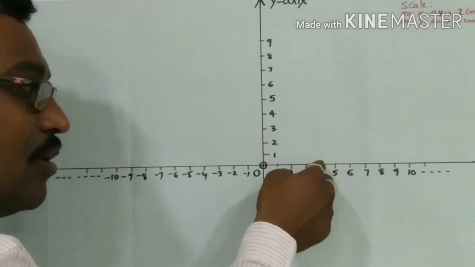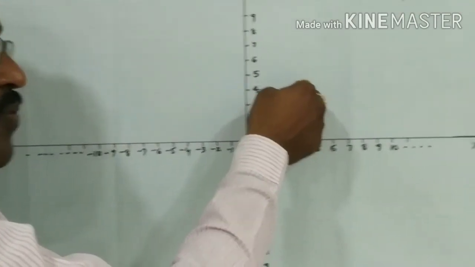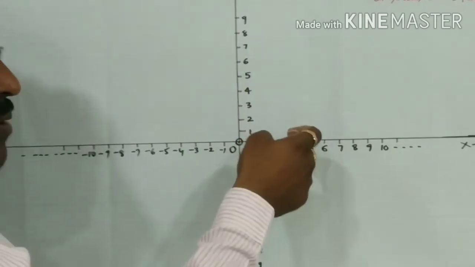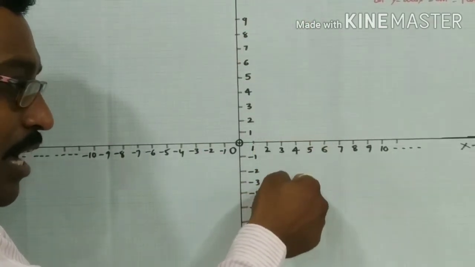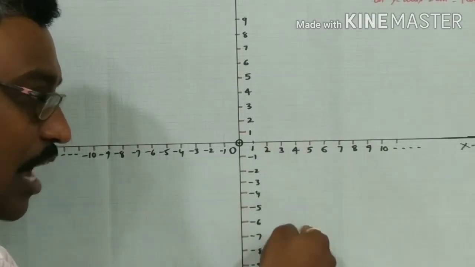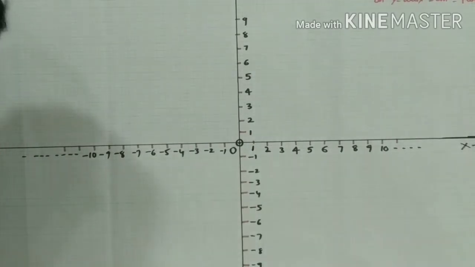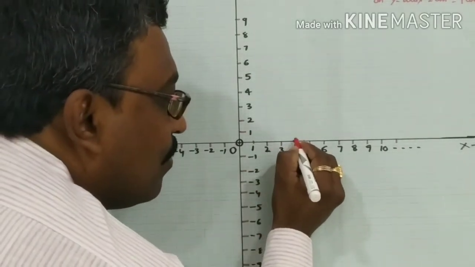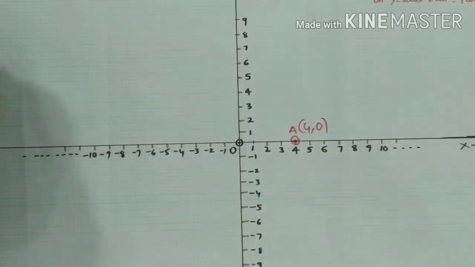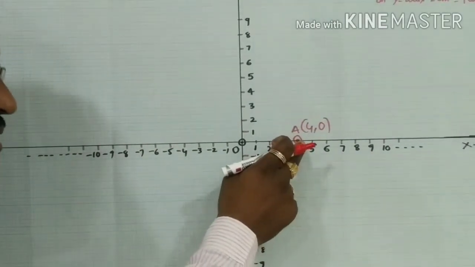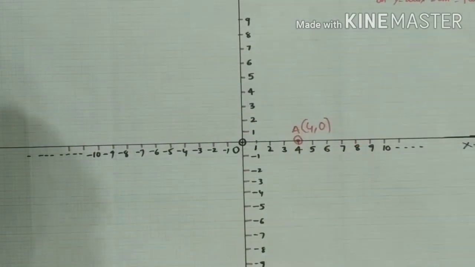If it is 4 comma 1, 4 comma 2, 4 comma 3, 4 comma 4, 4 comma 5, if I am increasing, I should go like this. If 4 comma minus 1, minus 2, minus 3, I should go down. But it is 4 comma 0. So here, this point itself is showing 4 comma 0: 4 on x-axis, 0 on y-axis.